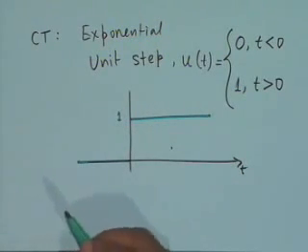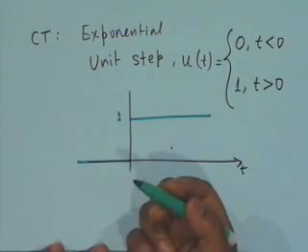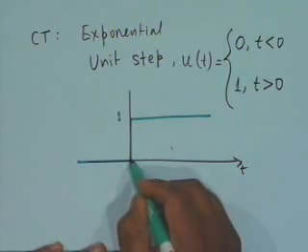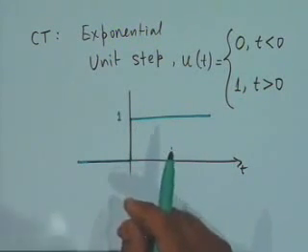At t equal to 0, the value is not determined because there is a discontinuity. At t equal to 0, the function changes from 0 to 1. So u of 0 is not defined. You shall see that in our later discussions. For our convenience, we shall define the value wherever it is convenient, and the consideration there would be not strictly mathematically true, but from engineering considerations.